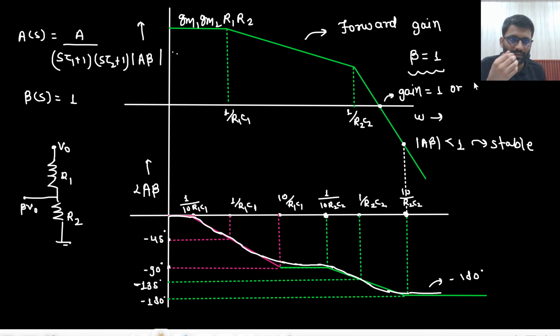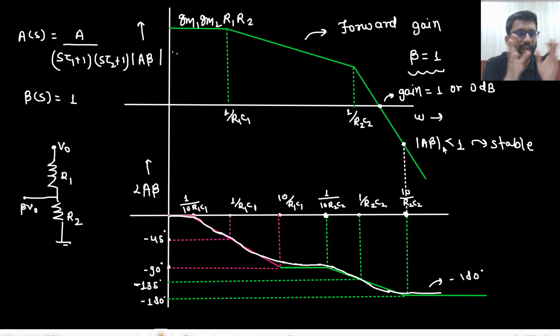Basics of Bode plot you should know, which I have already taught in the course. In decimal it is 1 and here the gain is 0 dB. So below that we are going. So my gain is lesser than 1. That means my system is stable.